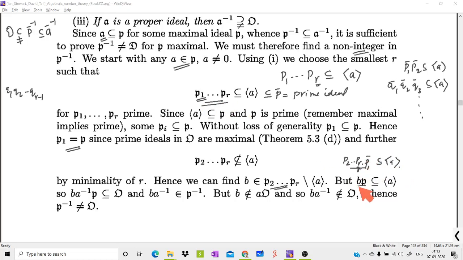So B times P, P being an ideal, is always a subset of A.